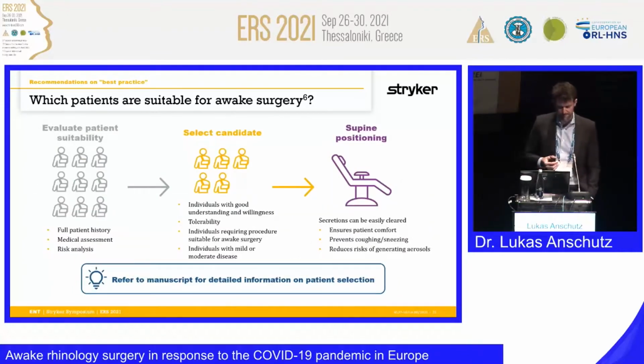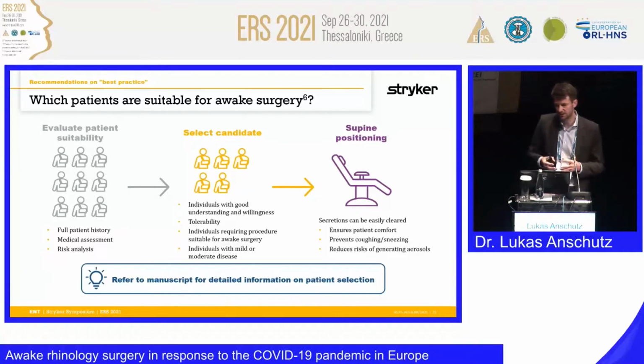So, I think the key is that you select your patients in a good way. Of course, you need to take a full medical history to assess the disease, and it is necessary not to take patients with a very bad nose and very advanced disease, but to choose patients who have mild or moderate disease.